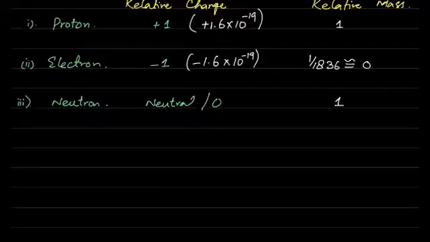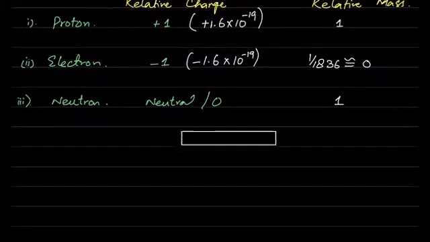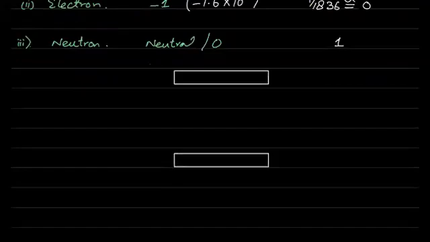Okay, now what will happen when you pass these three fundamental particles of atom through the external magnetic field? This is the external magnetic field. On this side is the positive side, and the other one is the negative side.